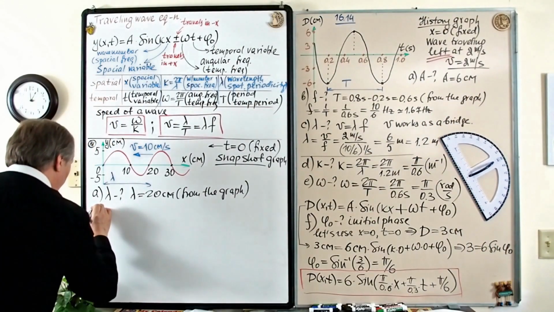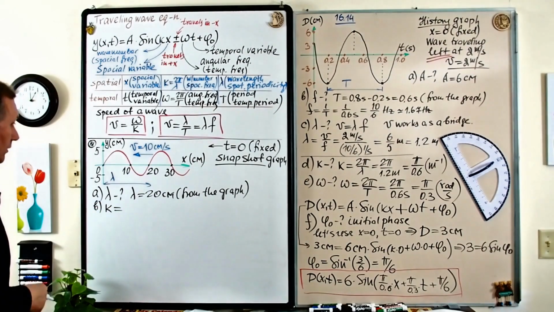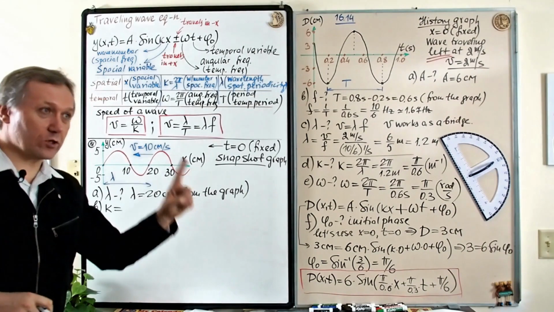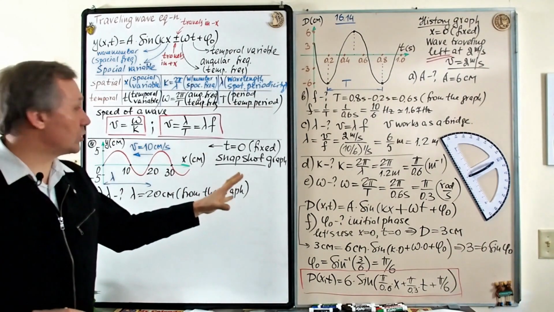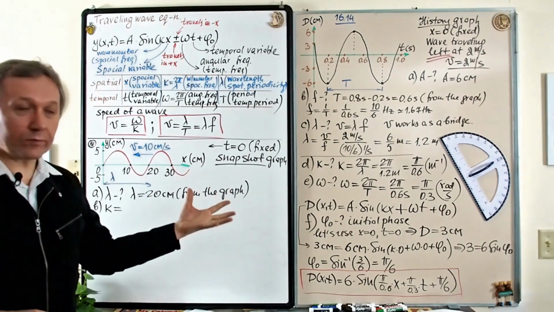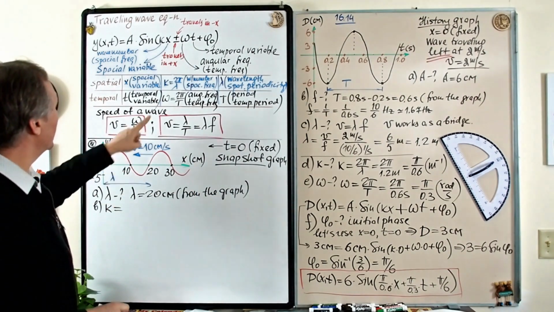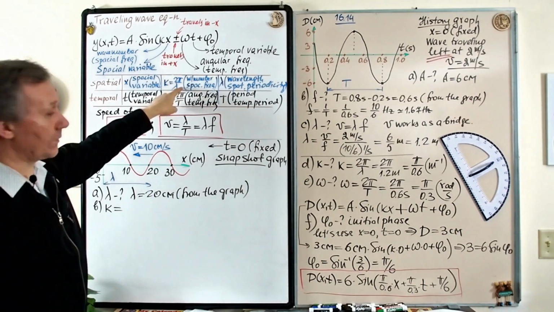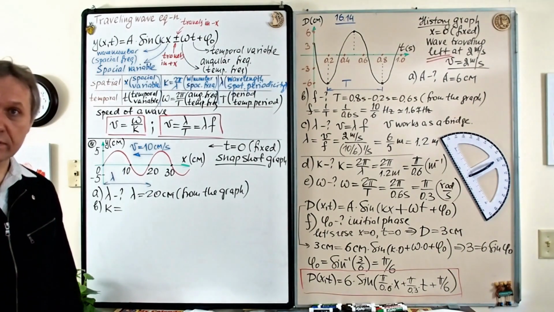So B, we need to find the wave number. The wave number is a spatial frequency, again spatial information, so we should be able to find it from what we have here. By definition, k equals 2 pi over lambda. Lambda we just found.